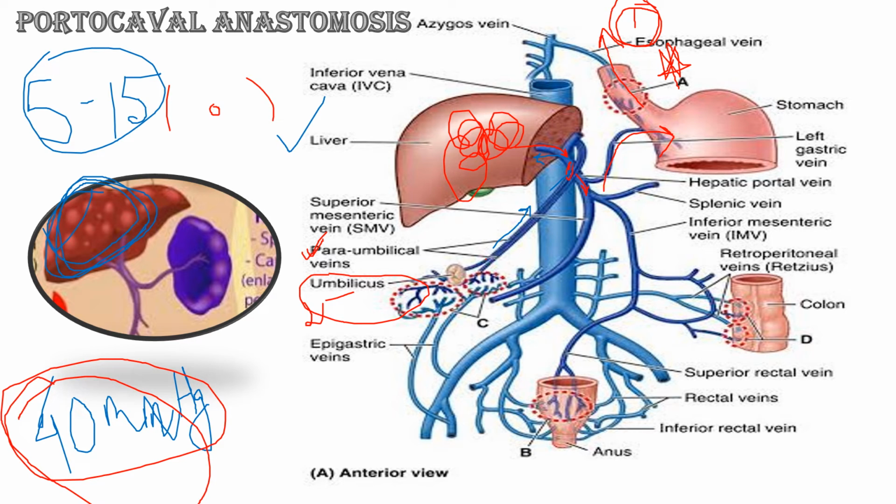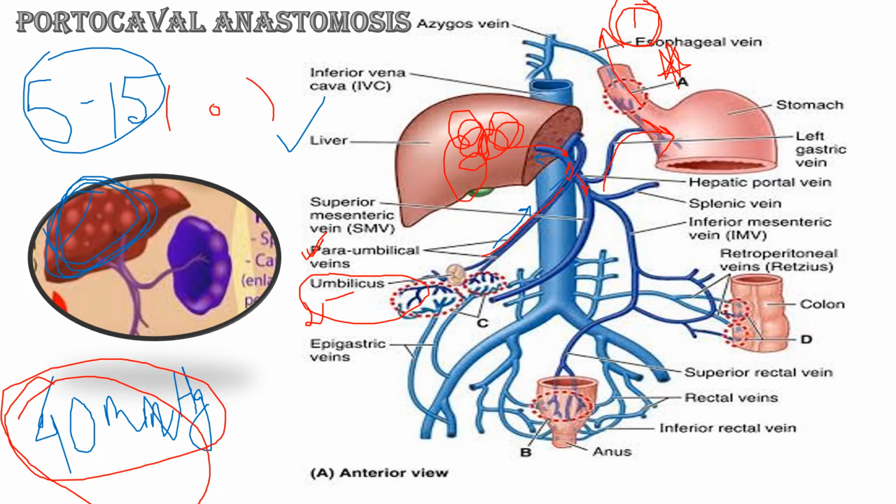But in a patient where there is portal hypertension, cirrhosis of liver, or there is some kind of thrombosis of the portal vein, there will again be backflow of the blood from the liver region into the portal vein. In the previous one I already showed, the blood was going to the esophageal part, where there was one anastomosis, one communication. Now, the same blood which was coming in the backflow can also come to the umbilicus region.